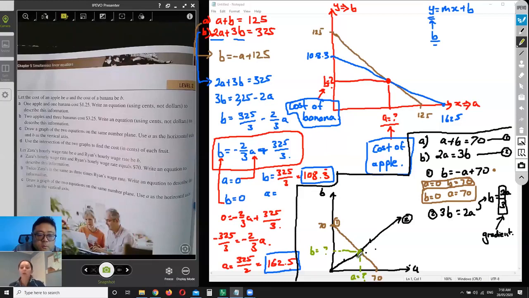So would that be the gradient? How much they're going up by? Or is that just that point there? The 2/3 here is the gradient for equation number 2. But what you just found is the value of A and the value of B. That's the wages of Zara and Ryan.